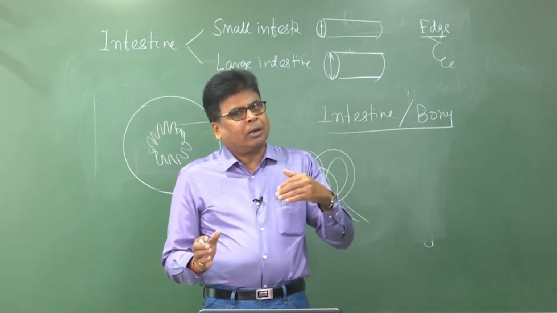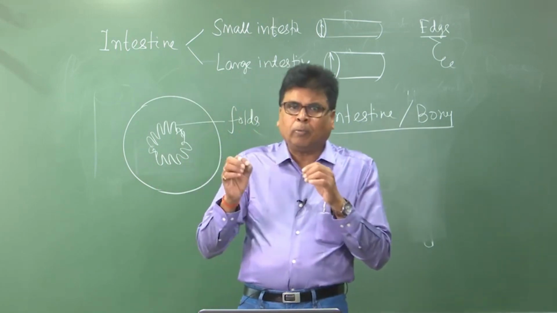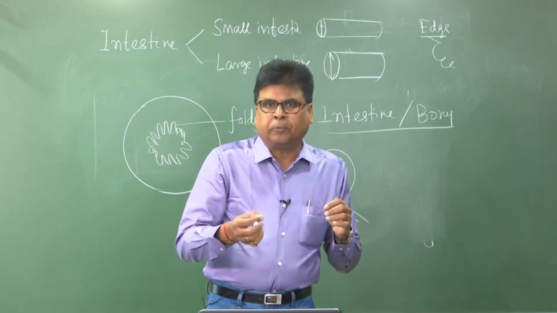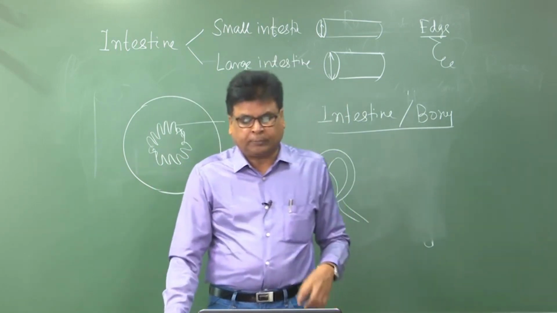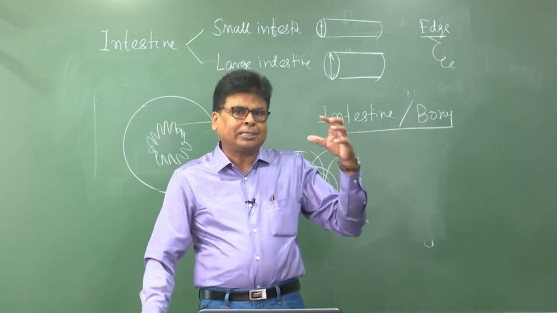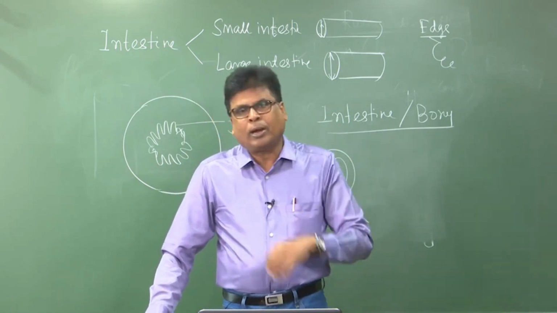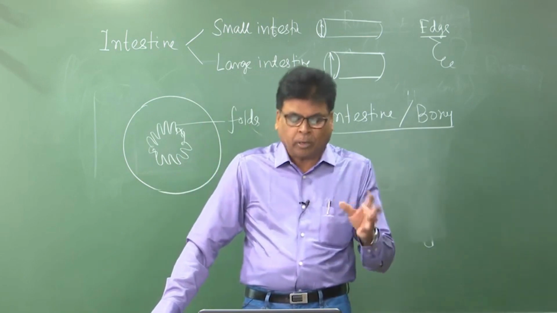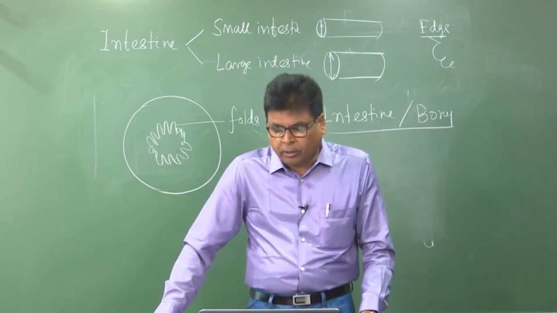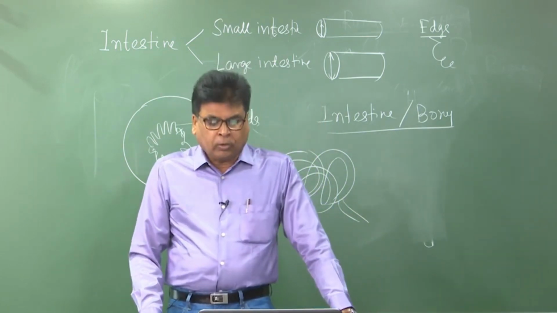But in case of this one, only the anus is there. That means the undigested food material will pass by only one aperture, that is the anus.